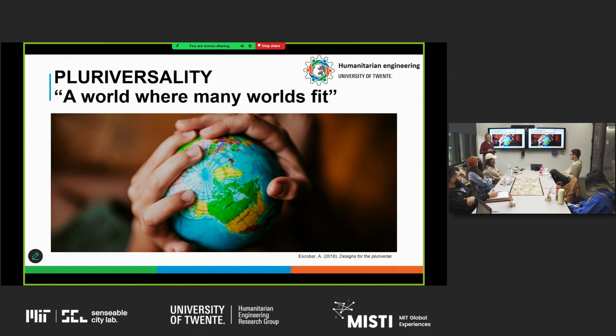Similarly, in humanitarian engineering or also in social justice, we do not have one correct way to define problems or to design solutions. It really depends on the perspective that a certain community takes.